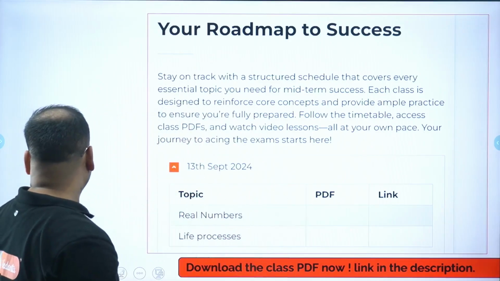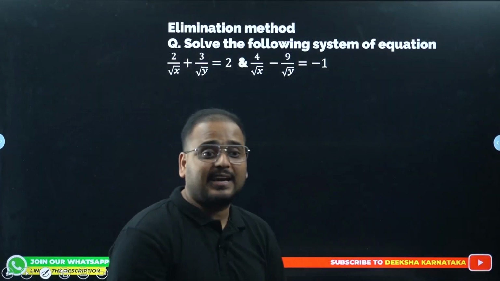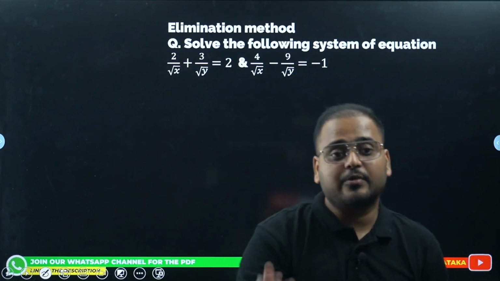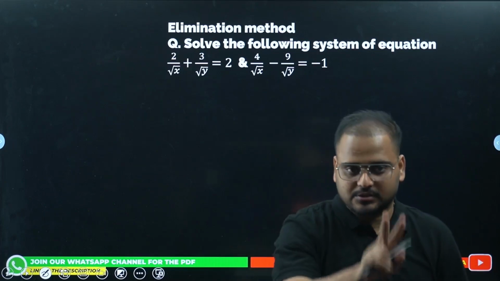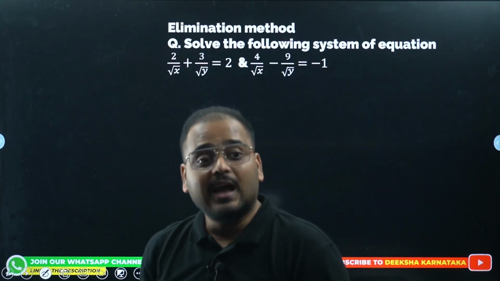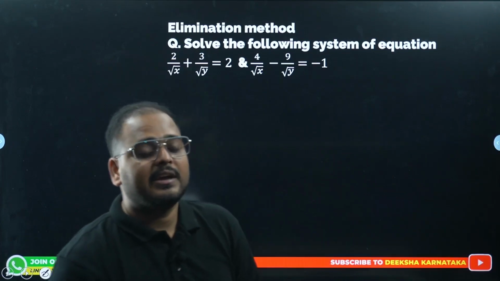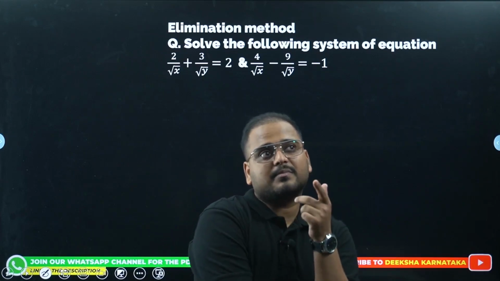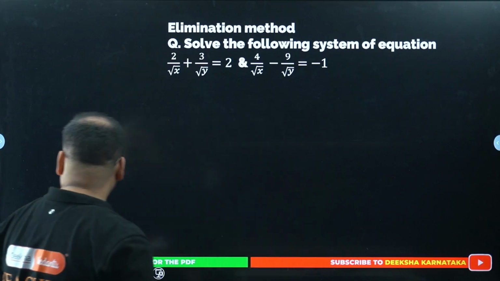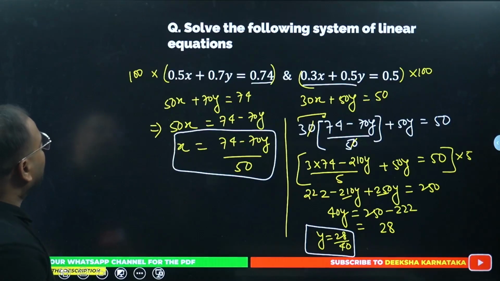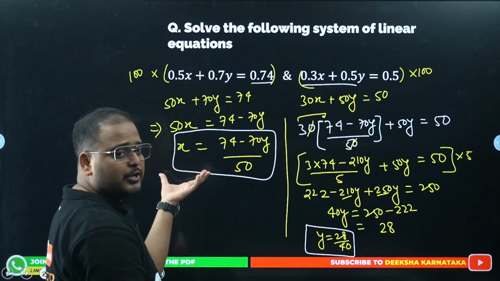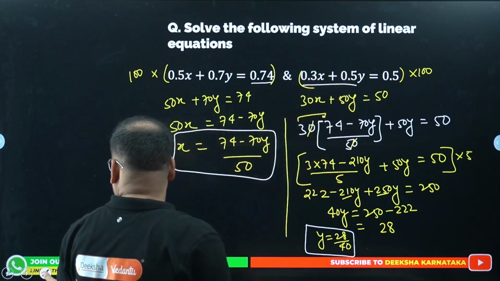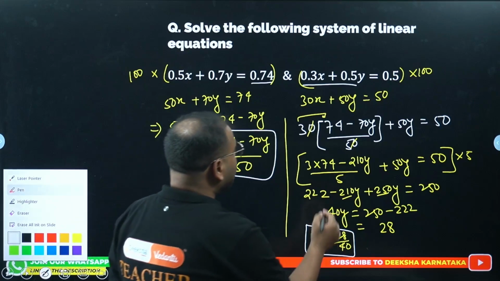Let's continue. Now, the second algebraic method of solving linear equations in two variables, two equations: the elimination method. Means in this method we will cancel out one of the variables. If you remember the previous method, we used the first equation to transform the second equation into only one variable.